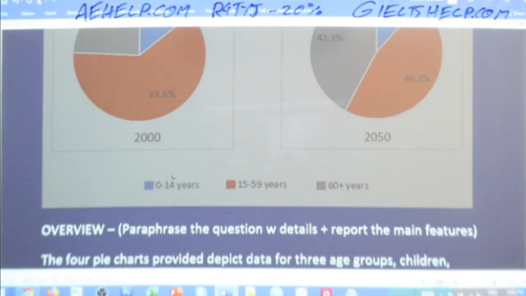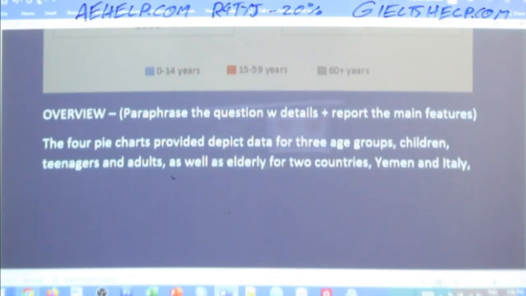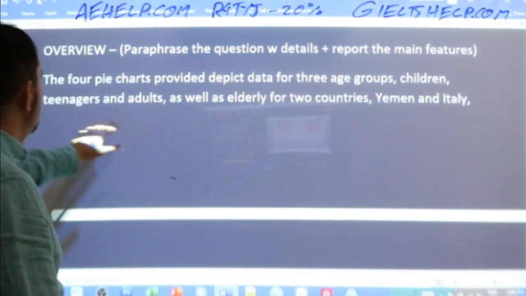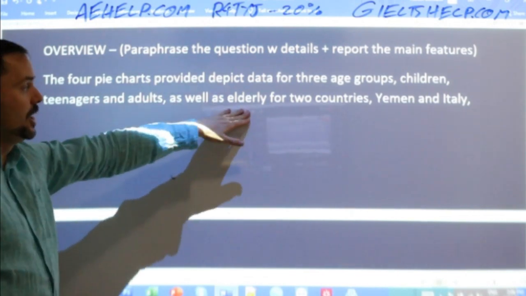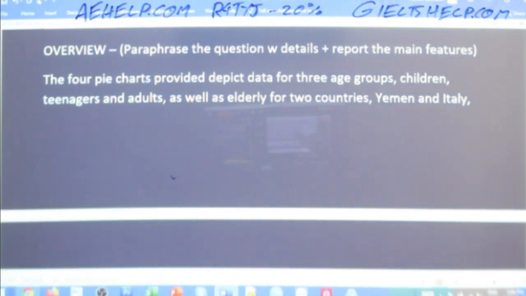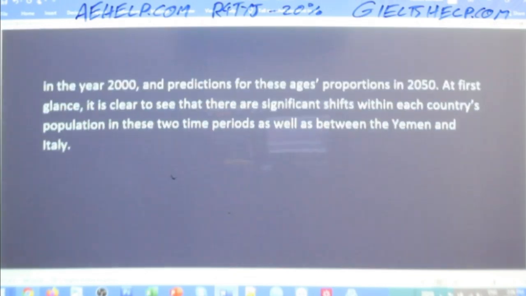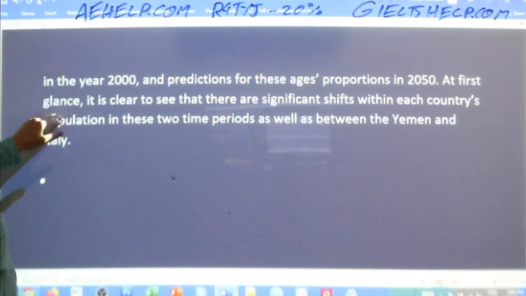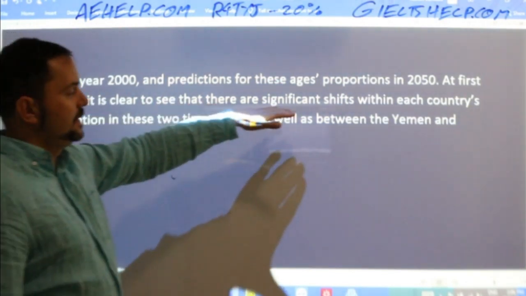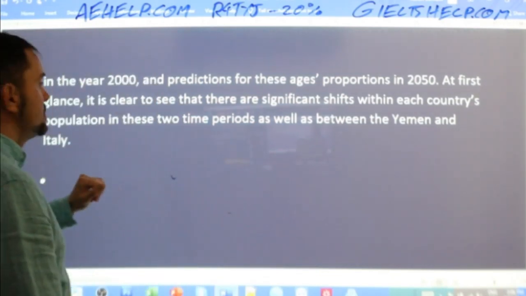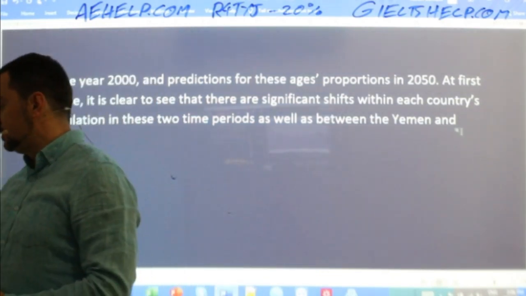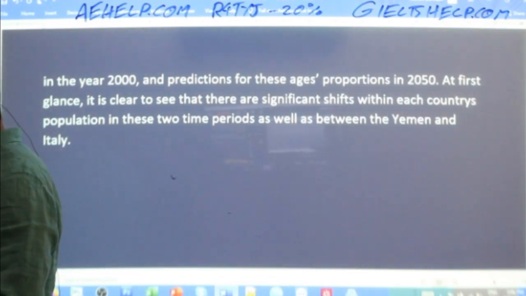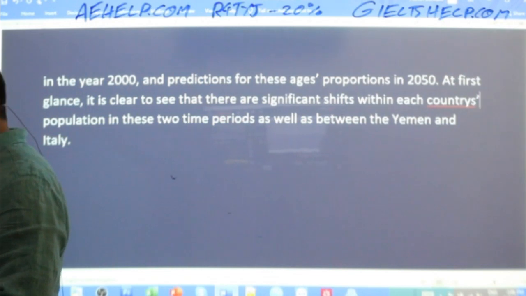Okay. All right. So here's the overview. The 4 pie charts provided depict data for 3 age groups: children, teenagers and adults, as well as elderly for 2 countries, Yemen and Italy, in the year 2000, and predictions for these ages proportions in 2050. At first glance, it is clear to see that there are significant shifts within each country's, and it's a plural here, so I have to be careful because there's 2 countries.